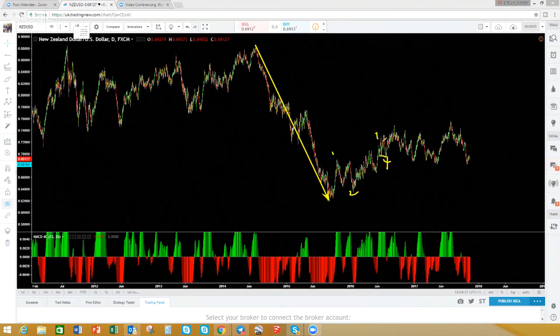You can see that you've got a pattern there, you've got a pattern there, you've got a pattern there. 1, 2, 3, 4, 5. Clear, A, B, C, right? And then you study a 1, and then you study a 2. The reason why I discounted this count, or I invalidated this count, is because this wave 2, this apparent wave 2 that I was forecasting, came and touched here.